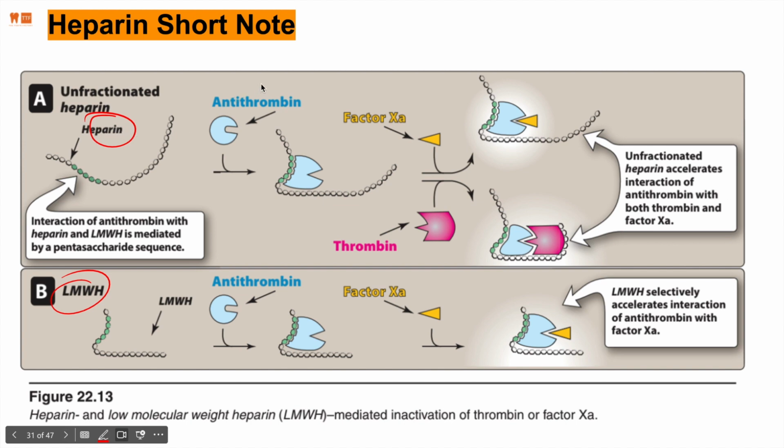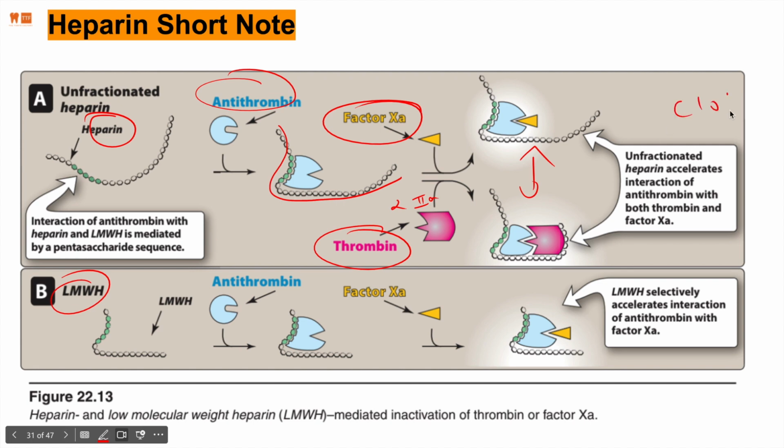Heparin, in antithrombin, it attaches itself like a fast-forward car. As soon as that happens, factor 10A and factor 2A, they both get attached to antithrombin and heparin complex individually. Unfractioned heparin accelerates the interaction and clot cannot happen.